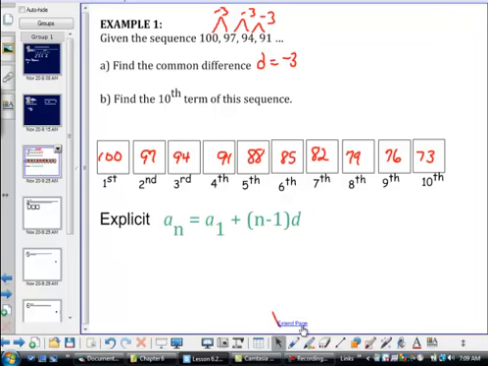All right. This says to find any term, we take the first term and add on n minus 1 differences. Now, it's not as hard as it looks. Let's just walk it through.